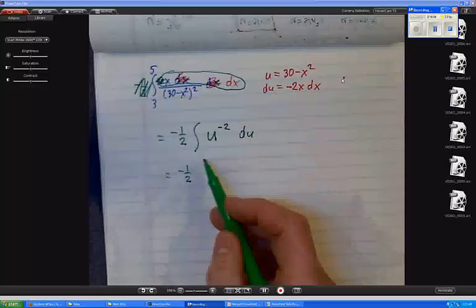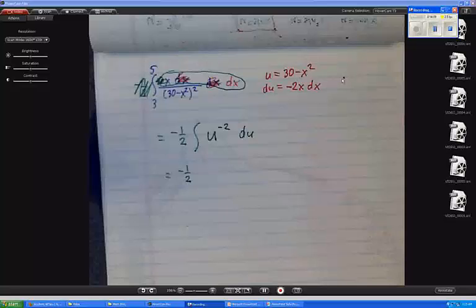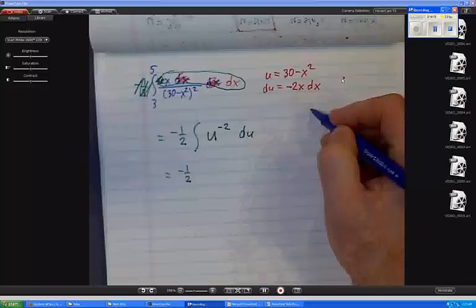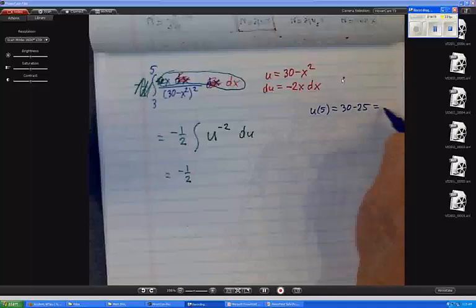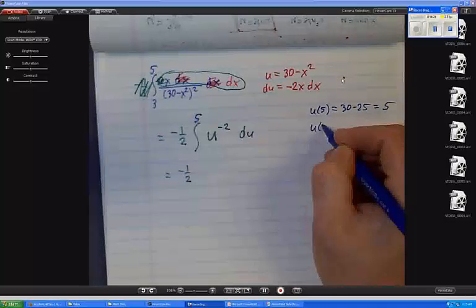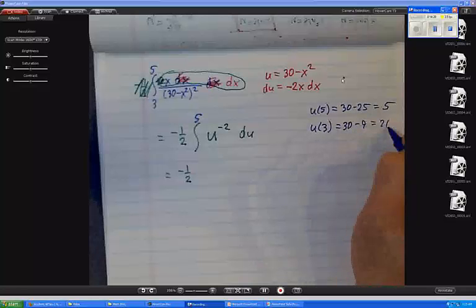I didn't put in these values we had. So let's see. If I put in 5, so u of 5 is 30 minus 25, which is, oh, lucky. And u of 3 is 30 minus 9, which is, now that's weird, 21.